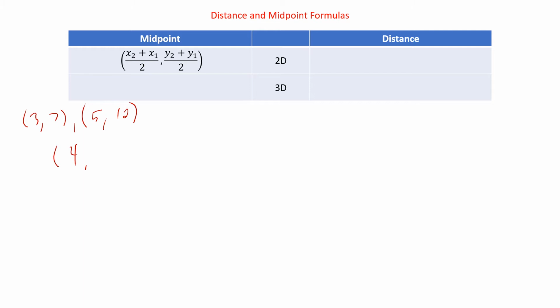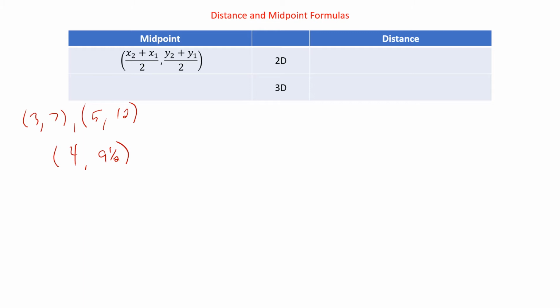When we have something like 7 and 12, it's a little bit more difficult. 7 plus 12 is 19, divided by 2 is going to be 19 halves, or 9 and a half. Which is a little bit harder to just eyeball and know that, oh yeah, 9 and a half is right in between 7 and 12. That's why the formula works out.